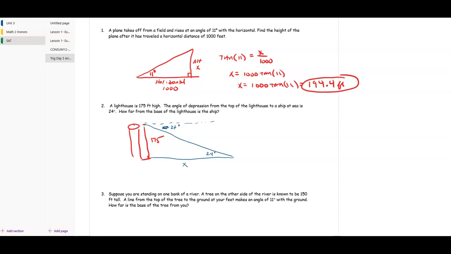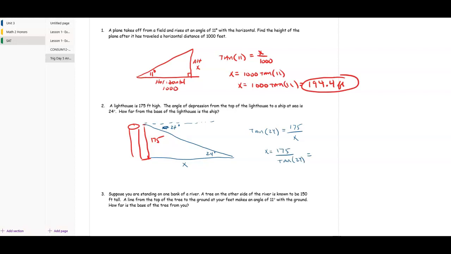And how far from the base of the lighthouse is the ship? That would be X here. So now, here's my opposite and adjacent, so I'm going to say the tangent of 24 degrees is equal to opposite 175 over adjacent x. And right away, I know since the x is in the denominator, I divide.